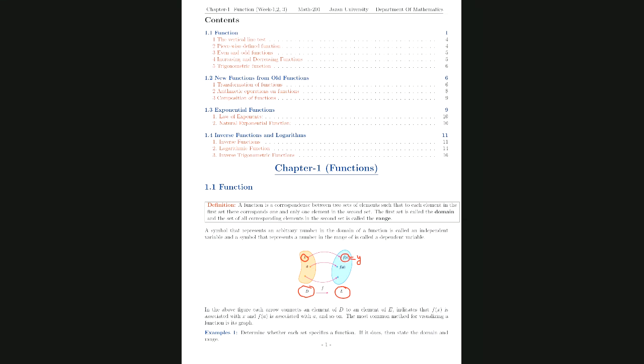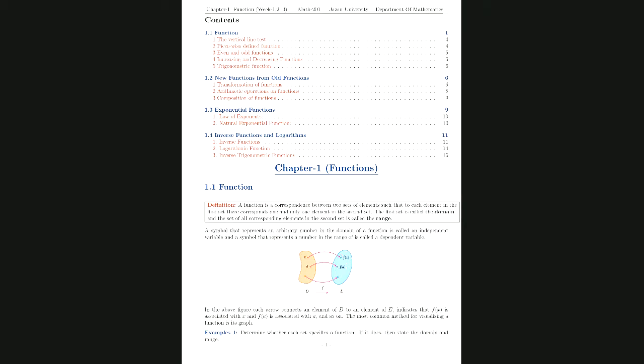If input a, then output f(a). So just remember, if every input connects to only one output, then it is called a function.